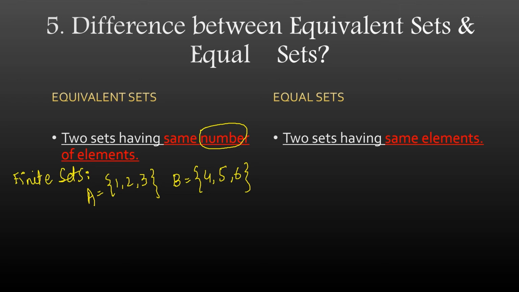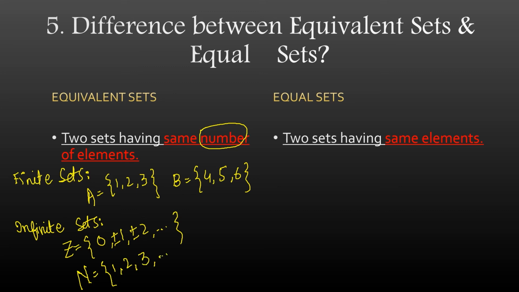But in case of infinite sets, the definition is a little bit changed. Consider the set of integers, 0, plus minus 1, plus minus 2 and so on. We will say this set is equivalent to the natural numbers 1, 2, 3.